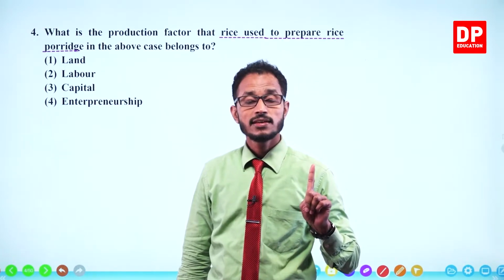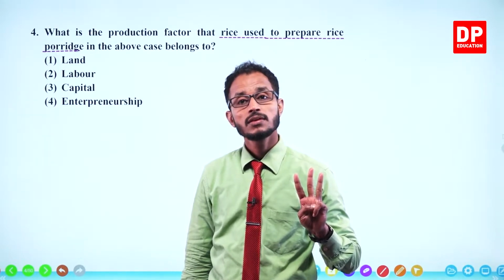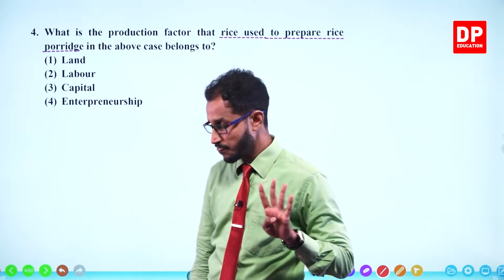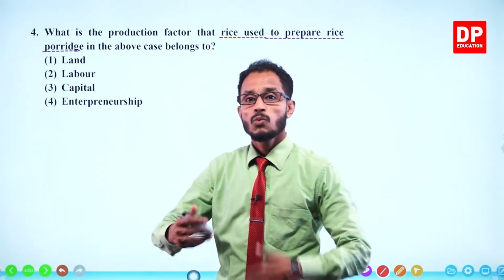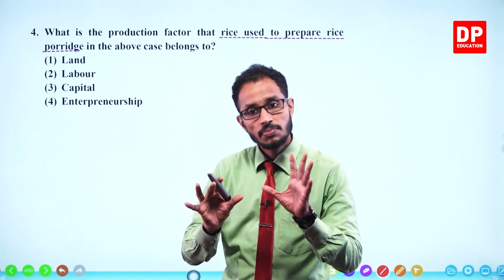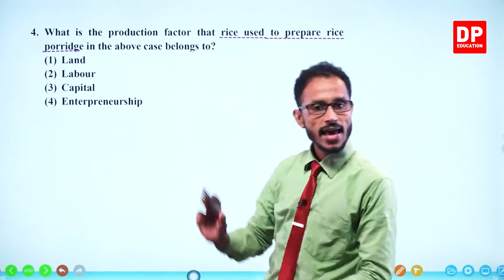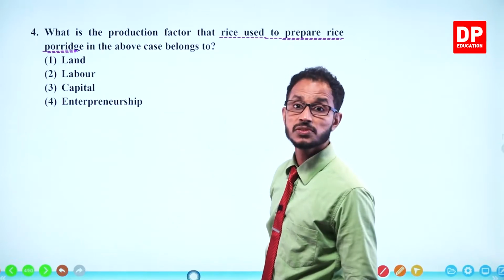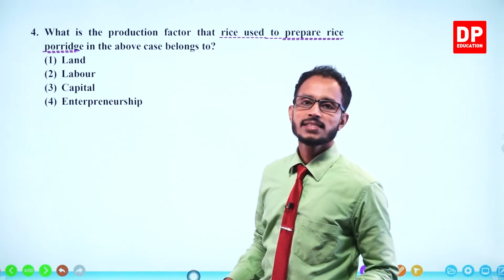First being the land, second labor, third capital and enterprise. Okay, land, labor, capital, enterprise. Out of these 4, when you prepare something like rice porridge, what is the rice included in that?